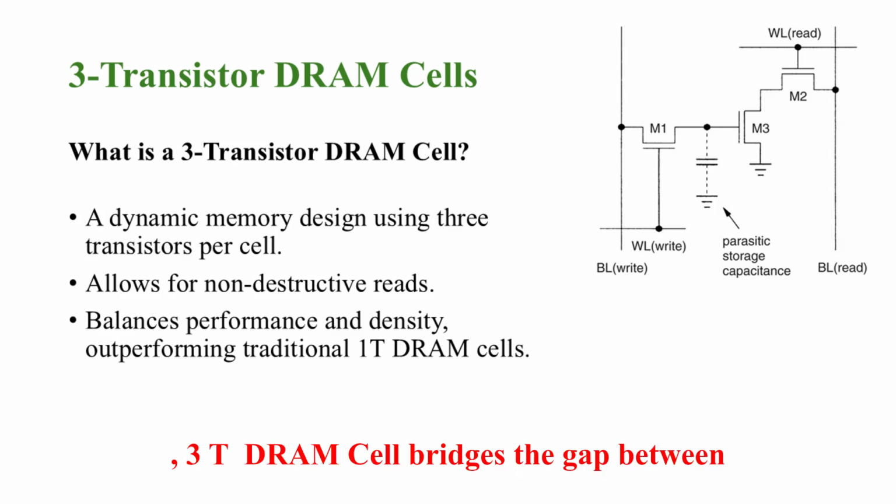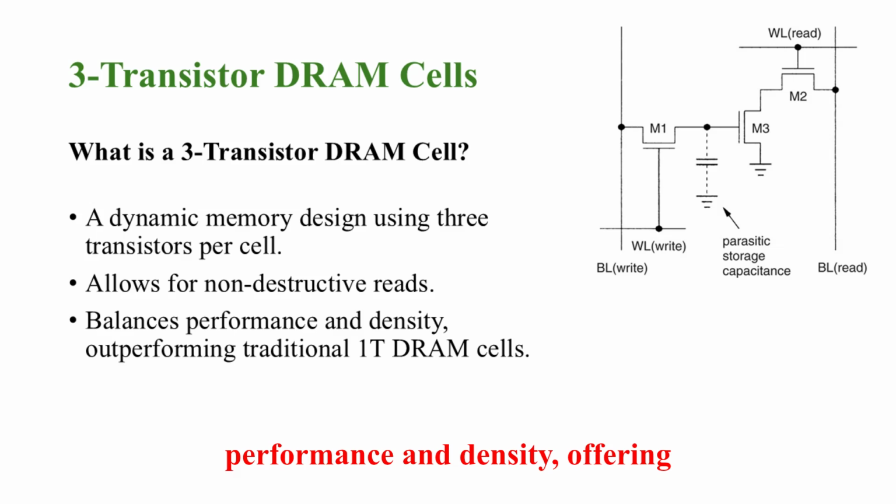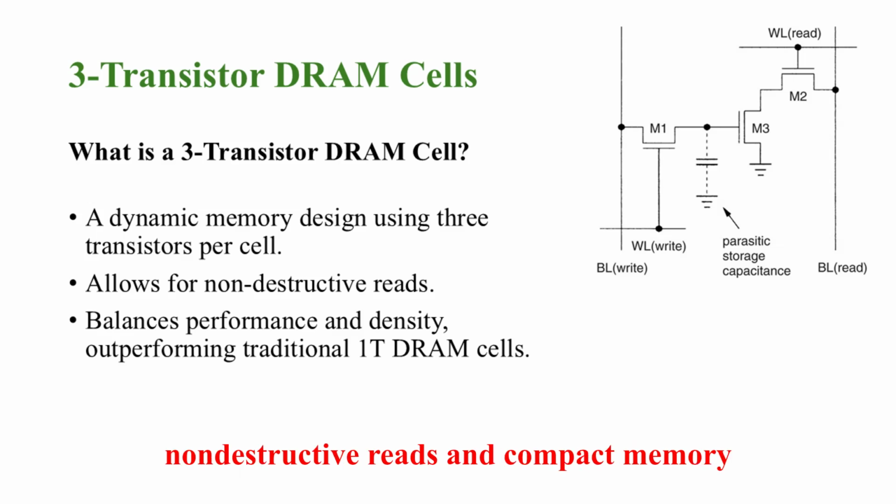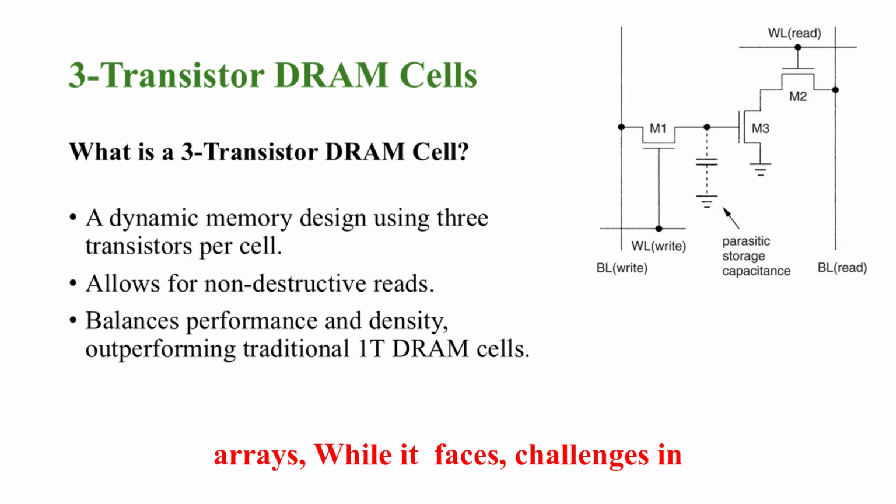The 3T DRAM cell bridges the gap between performance and density, offering non-destructive reads and compact memory arrays. While it faces challenges in retention time and design complexity, its advantages make it an attractive solution for high-reliability applications.